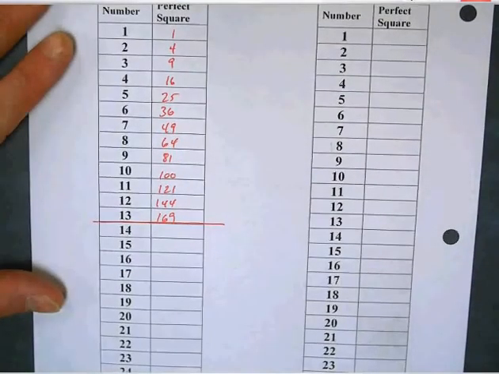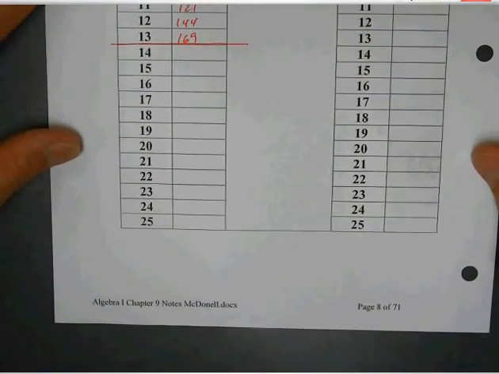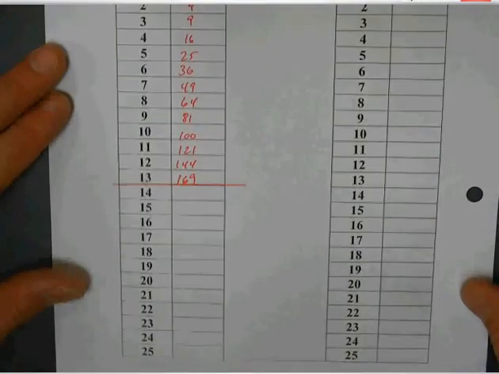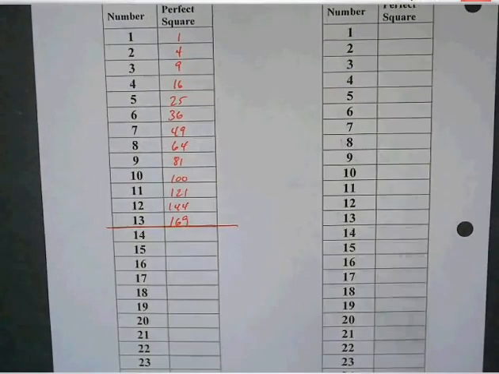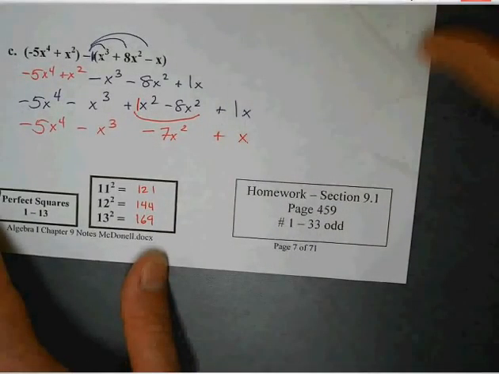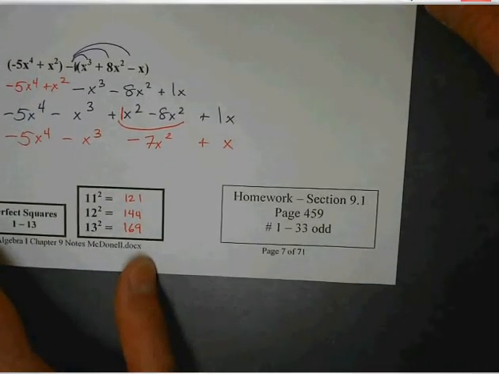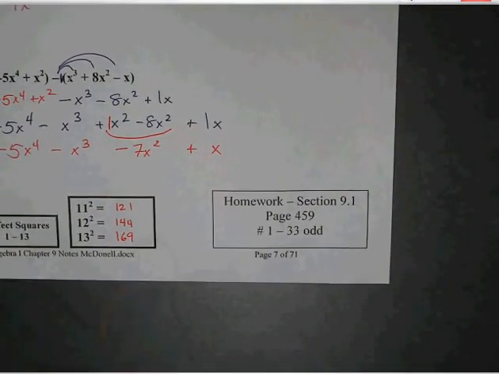All right. Over the course of this chapter, we're going to learn all of those. They're all right there, but that will disappear at some point. But that's up there for reference. So, over there on the side. All right. So our homework here, as we look at section 9.1, is just 1 through 33 odd on page 459.